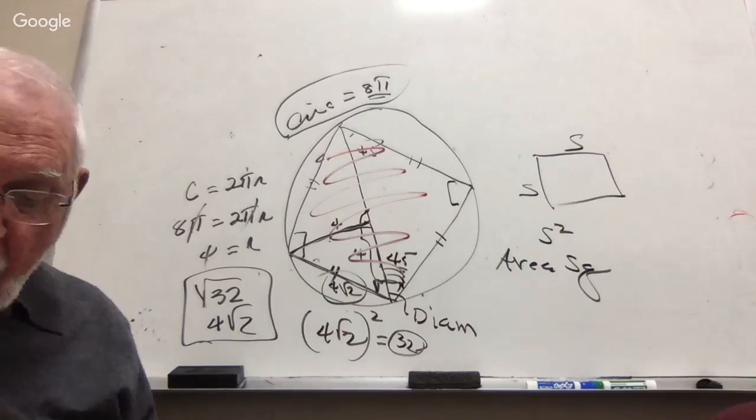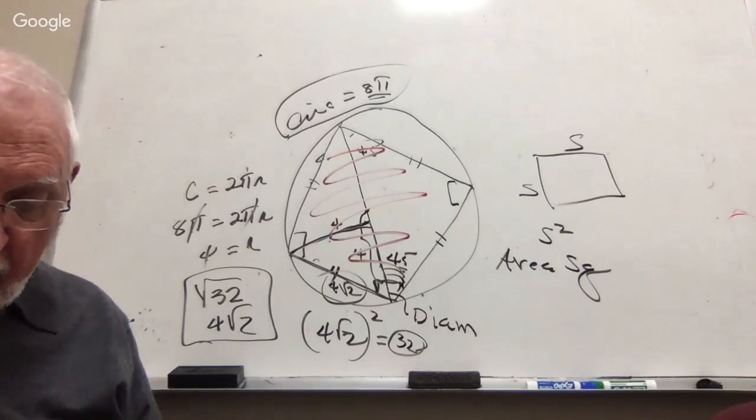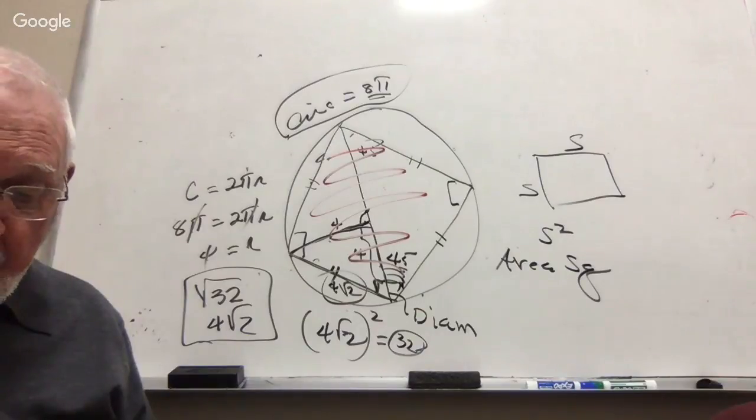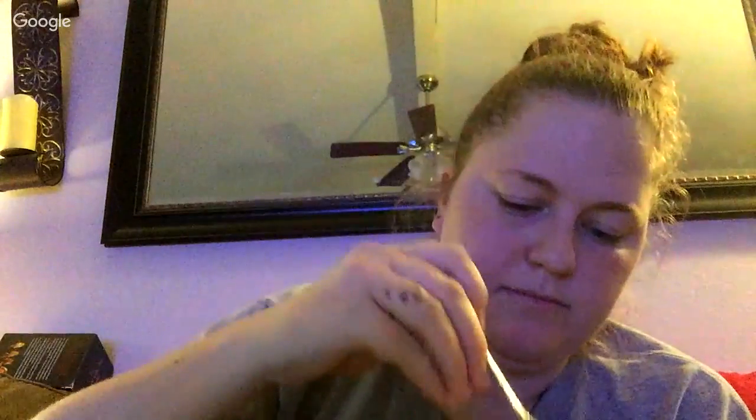Let's see if I can get one that doesn't involve a circle. You have to get through over 3 tracks. There you go.